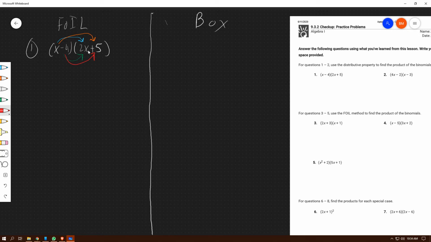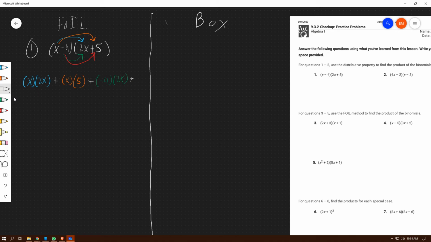All right, so what this will end up looking like is we have x times 2x. And then we're going to have x times 5. And then we're going to have negative 4 times 2x.